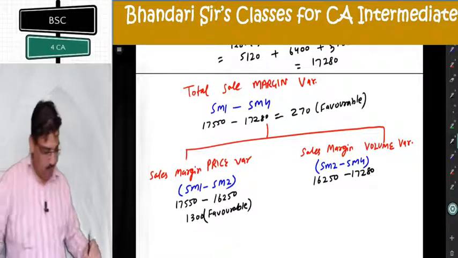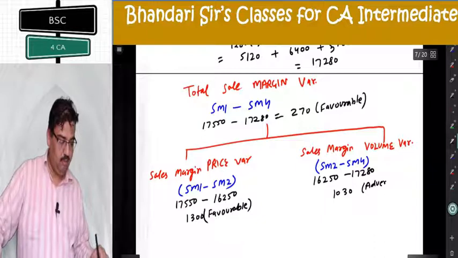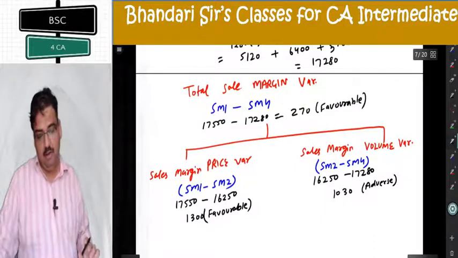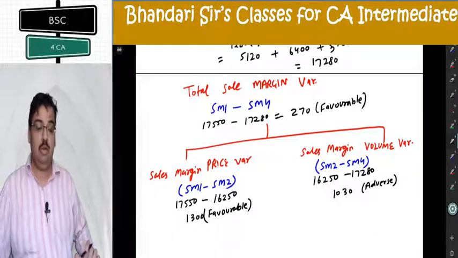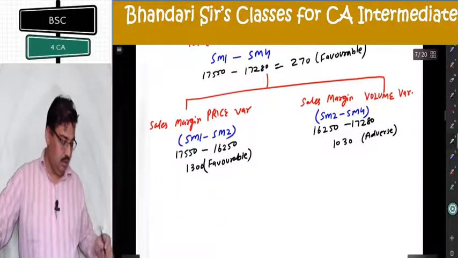This is 1030 adverse or unfavorable. These cannot be verified. Only price variance is same. Rest of all are going to be different. You can verify from given answers only. This is the correct one.